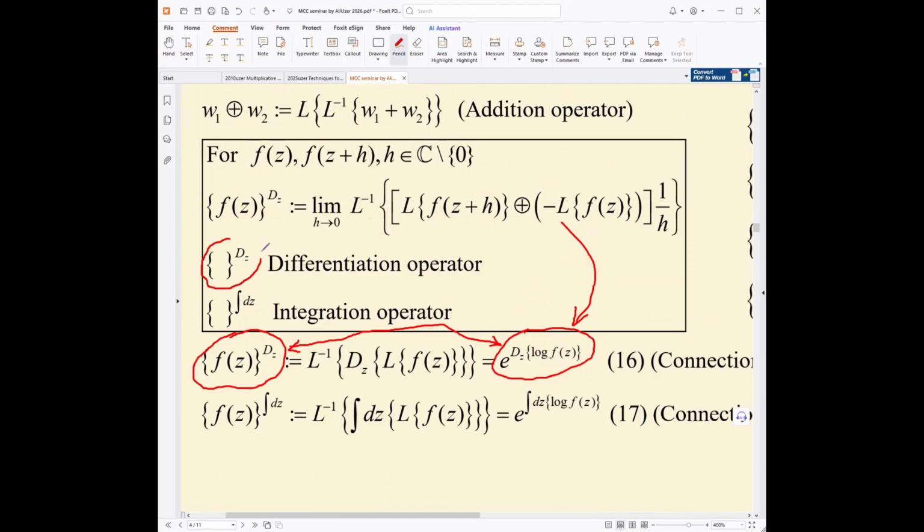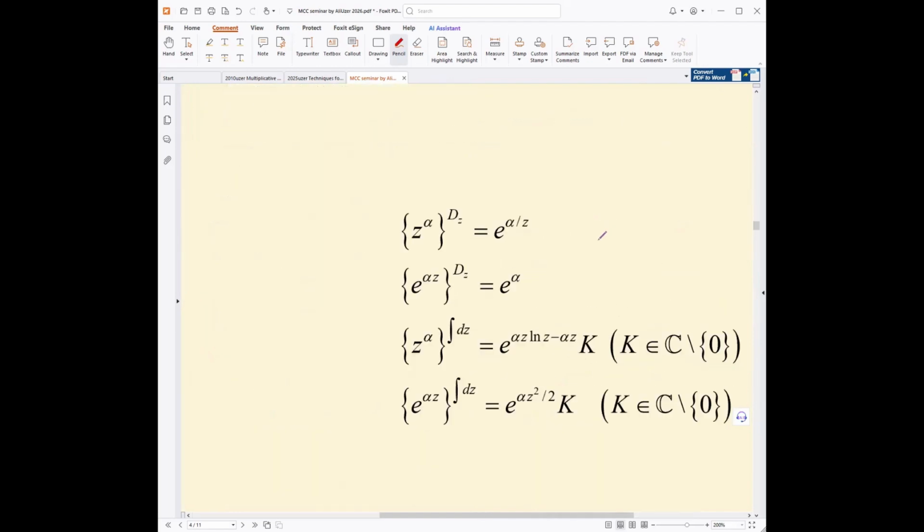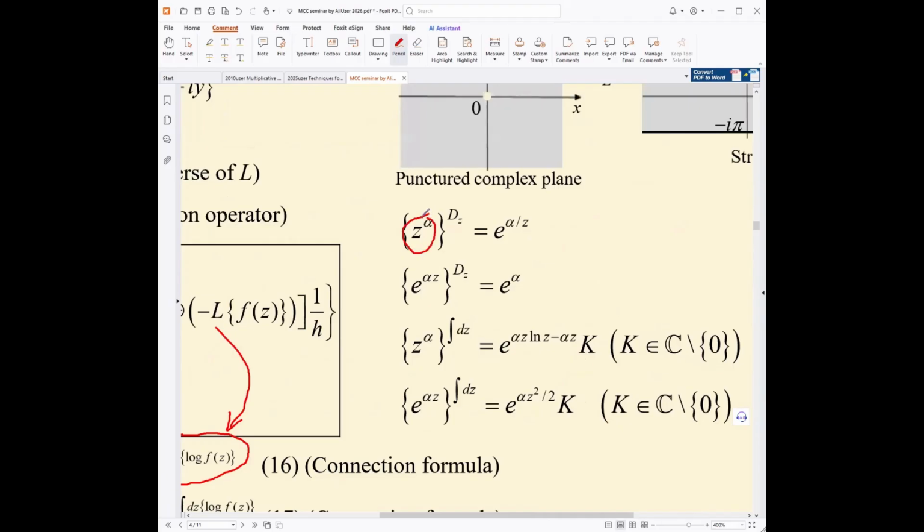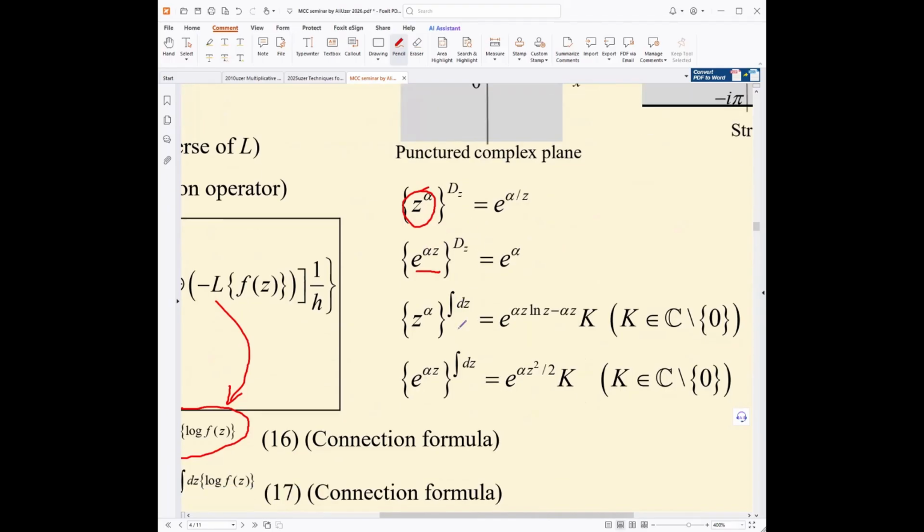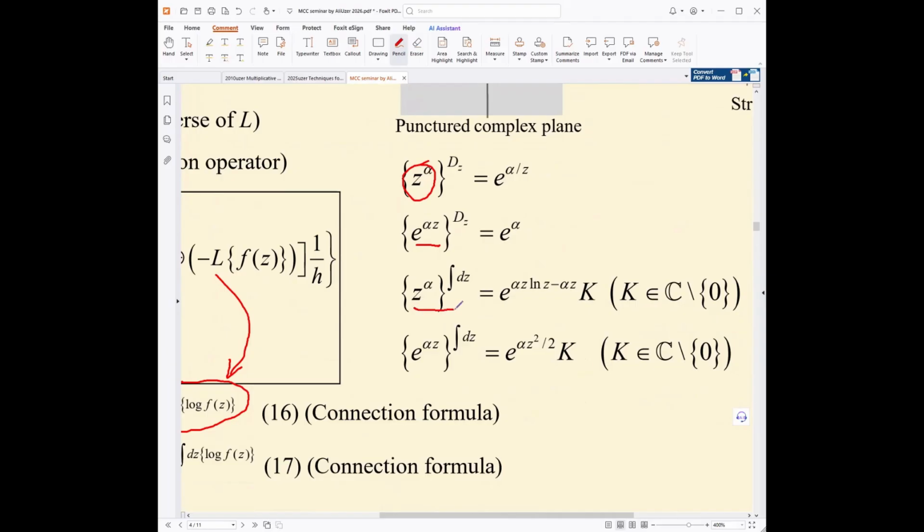Therefore, we define a differentiation operator, a derivative operator, and an integral operator, an integration operator. And in this way, the derivative of z to the power alpha would be equal to e to the power alpha over z, right? The derivative of an exponential e to the power alpha z for any constant alpha will be e to the power alpha. And the integral of z to the power alpha will be equal to e to the power of alpha z ln z minus alpha z times k.